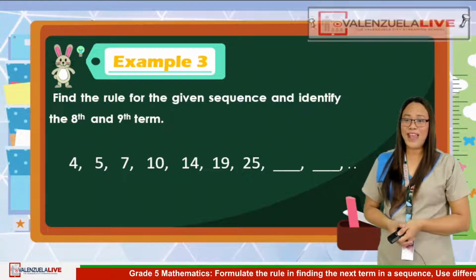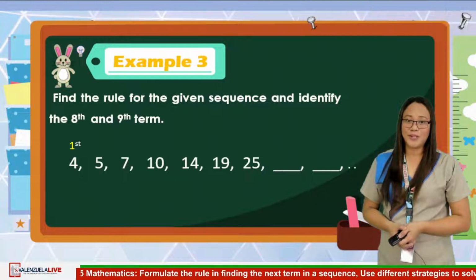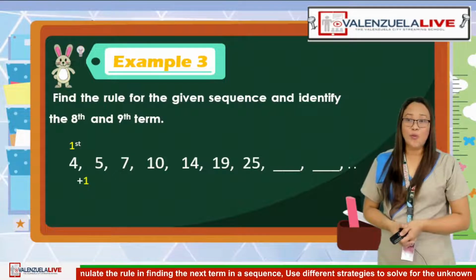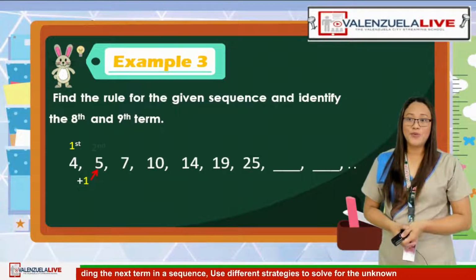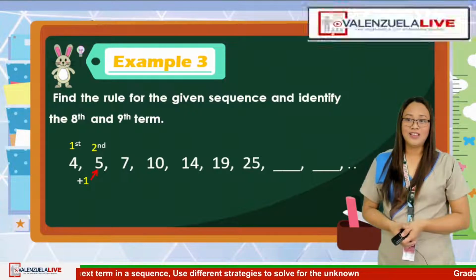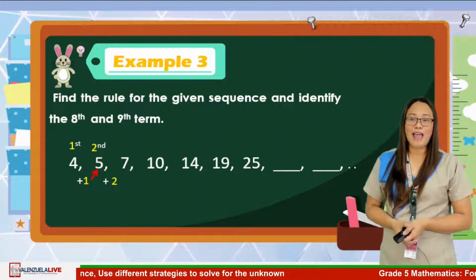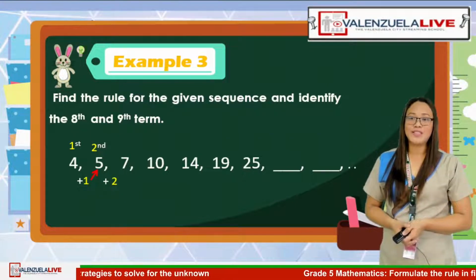Okay, great. So our first term is 4. We have to add 1 to get the second term, which is 5. Then to get the third term, we have to add 2 to 5. So 5 plus 2 is 7.